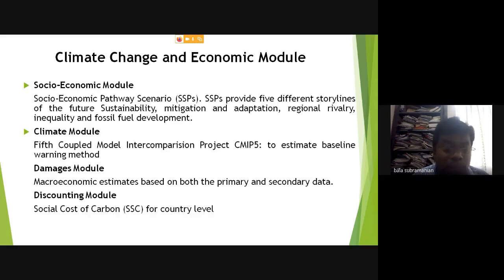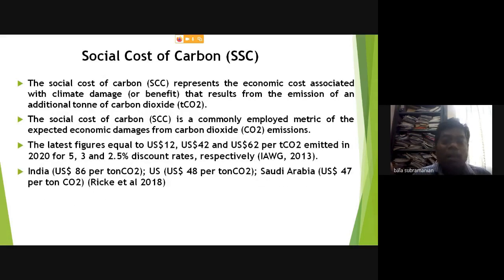For example, how to control soil erosion, how to control water damages. Once you estimate the social cost of carbon, it will be very easy for climate change policy. So the economist's role is vital. It is very important for designing climate change policy. That is my argument.